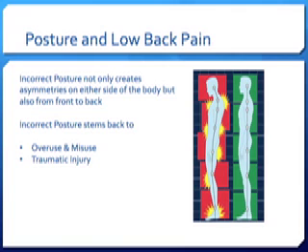So with regards to incorrect posture, we have to be looking at, are we overusing and misusing our body, and also have we had any traumatic injuries in the past? So have you been in car crashes? Did you used to play a sport?